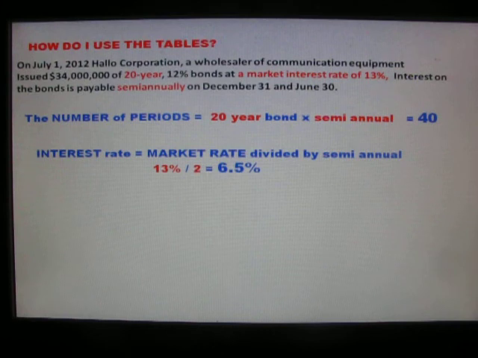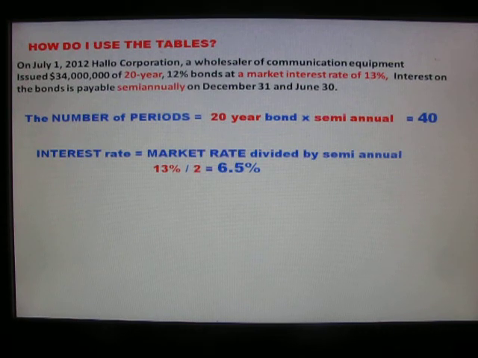And it would be 13% divided by 1, which would give you 13%. If it was quarterly payments paid every 3 months, it would be 20 times 4, there's 4 quarters in a year, so that would be 80, and it would be 13% divided by 4.